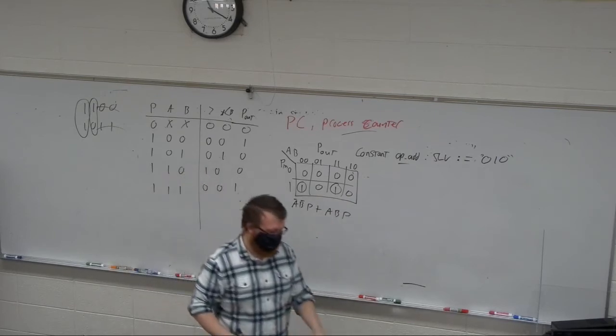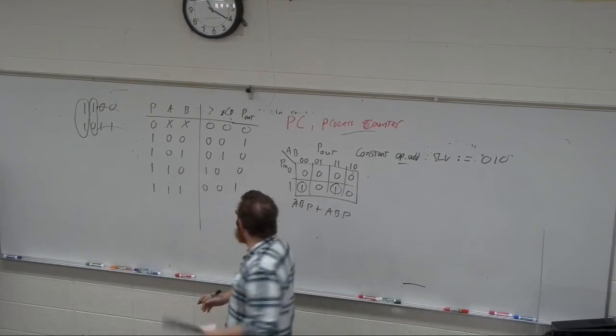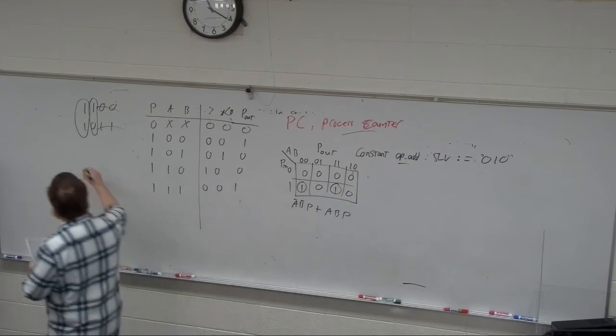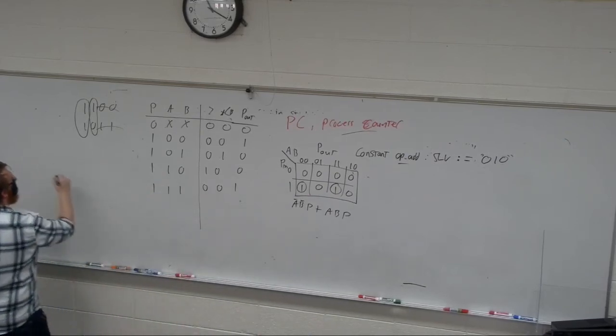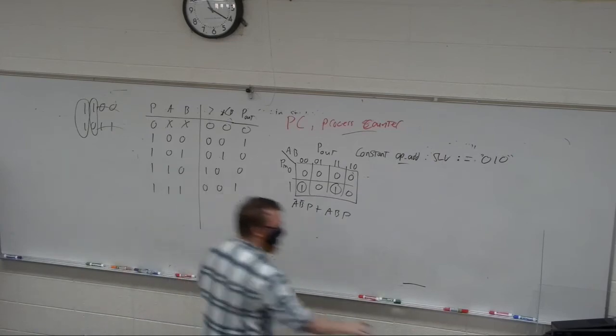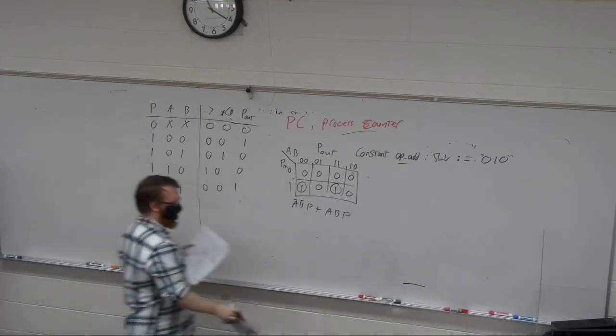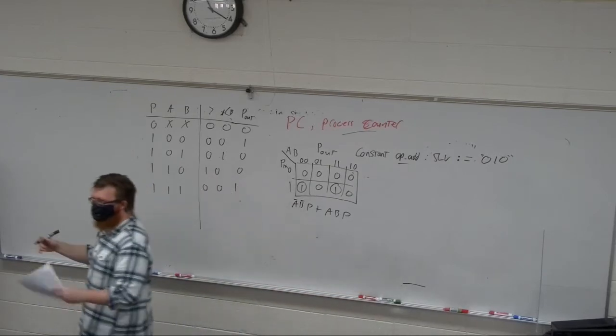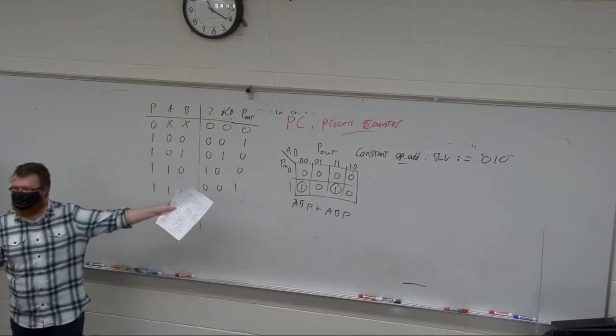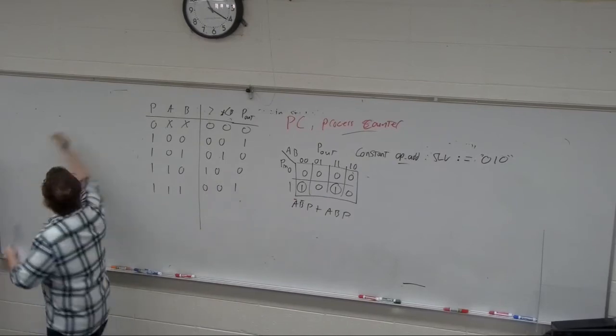Now, once I have that, I could draw the components, right? So I'm going to skip the part where I draw the circuit and show what goes inside the component.